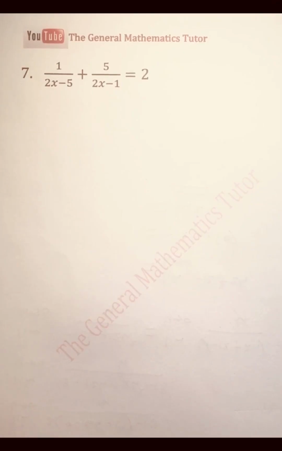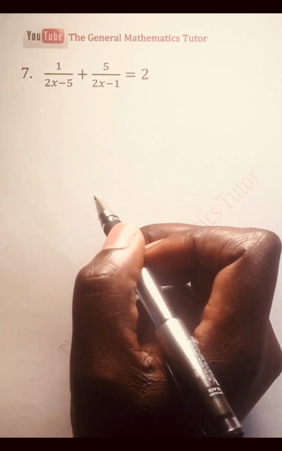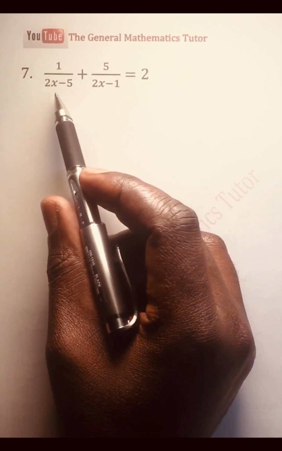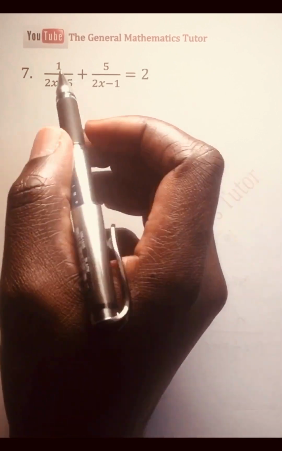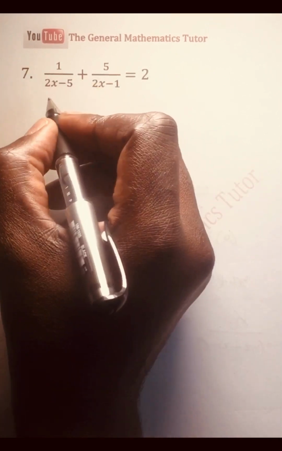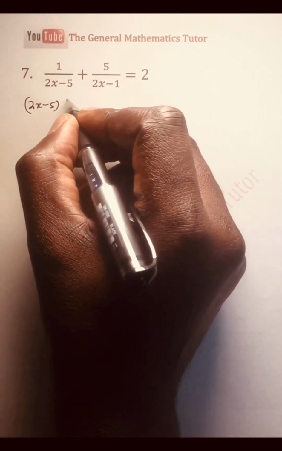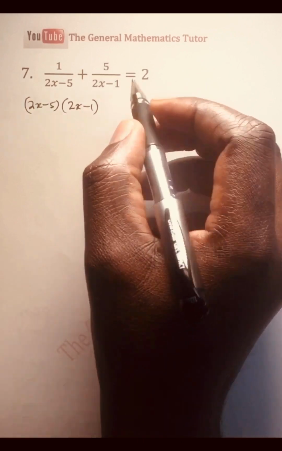Number 7, 1 over (2x minus 5) plus 5 over (2x minus 1) is equal to 2. So the first thing we need to do is just rewrite this equation so that it is in the standard form of quadratic equations. So to do that, we're going to multiply each and every term by the LCM of these two fractions. So the LCM here will be (2x minus 5)(2x minus 1).